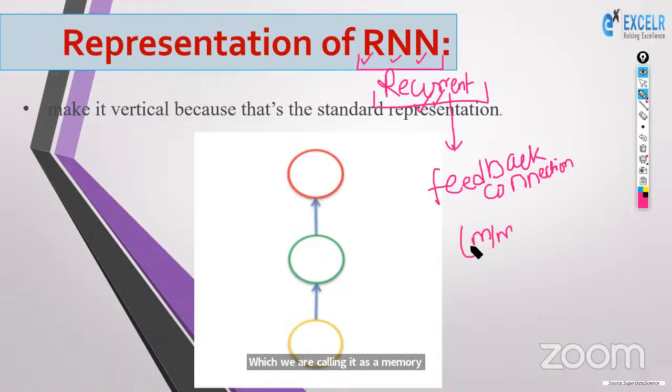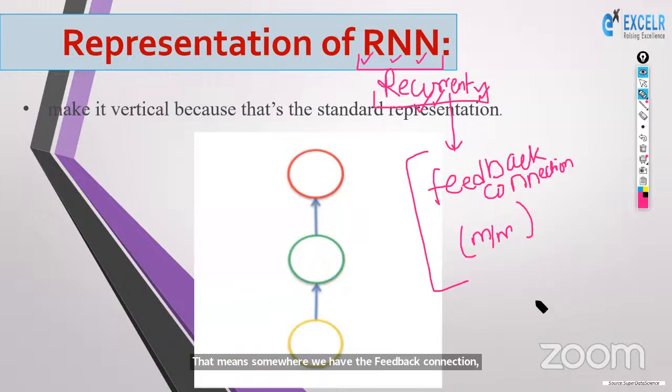Feedback connection or memory. This is the meaning of the word recurrent. That means somewhere we have the feedback connection, the connection back to its input. That is what we are calling a feedback connection.